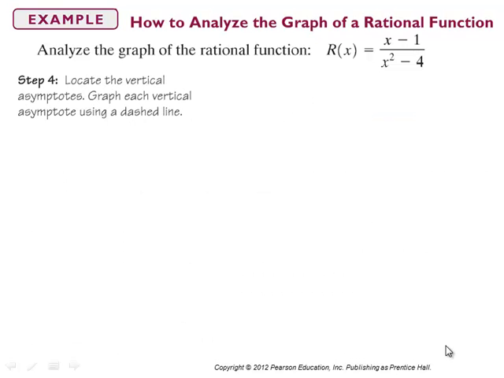That's nice. Now let's locate any asymptotes. Vertical asymptotes are gotten by taking your reduced fraction and setting the denominator equal to 0 and solving for x. And of course, when x squared minus 4 is equal to 0, that means x is plus or minus 2. So we have two vertical asymptotes.